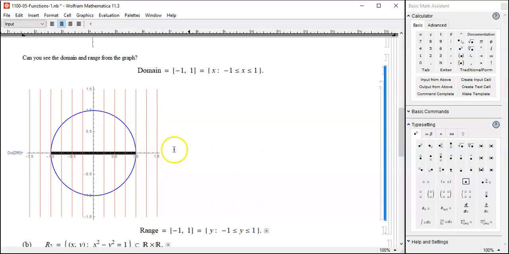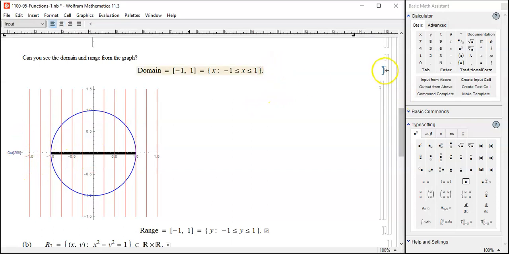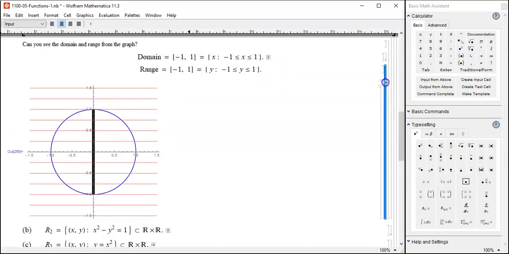Over there, nothing. Same goes there, so we have only -1 to +1. Same goes for the range, except that this time we start from y value -1 to +1, and then draw horizontal lines. Each crossing point means this x-coordinate value is related to this y-coordinate value, 0.5, and so is this x-coordinate value.